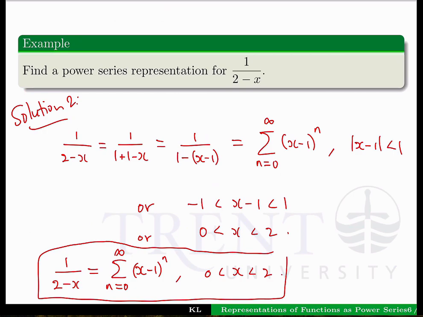Take note that the interval of convergence is connected to the center that you are considering: absolute value of x minus a is less than r. So if we convert this to an interval, that's dependent on that a. So as an exercise, try to write a power series representation for this one, but this time the center is at, say, 2.